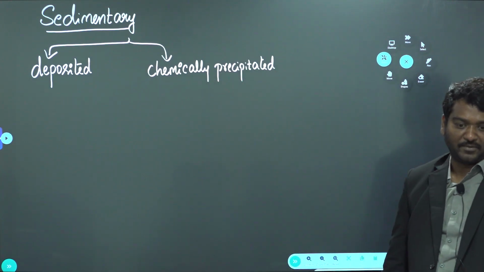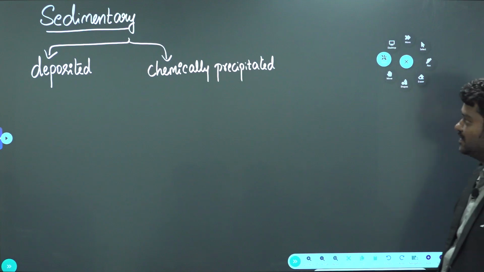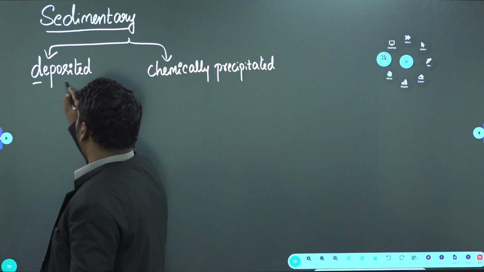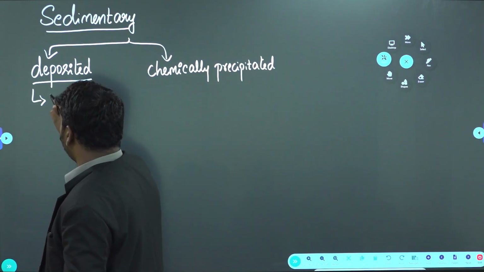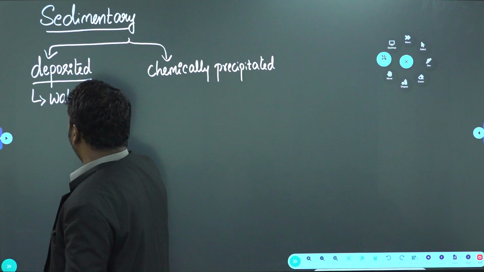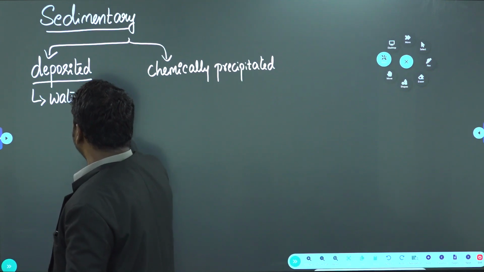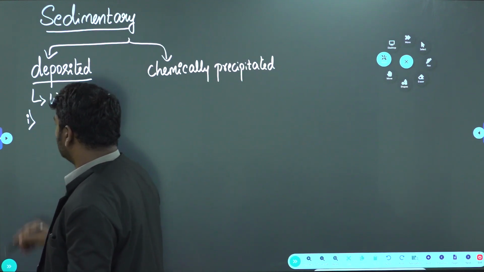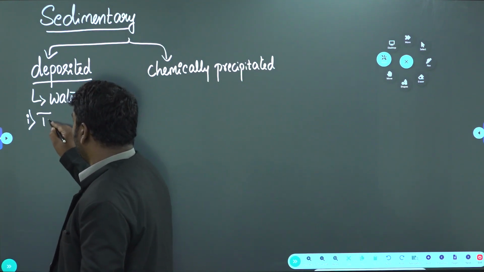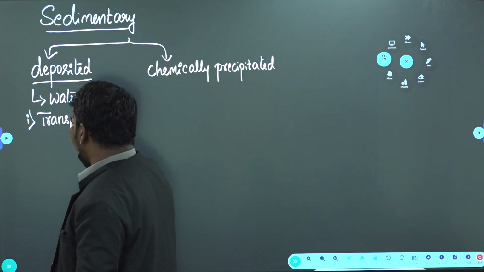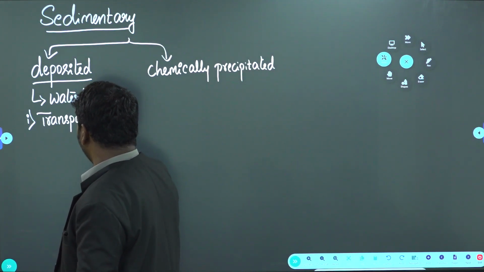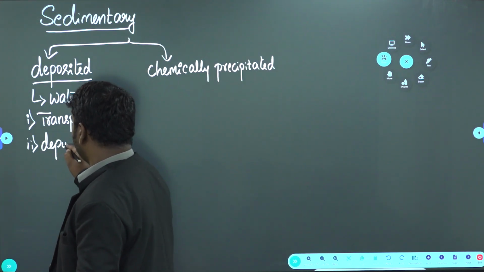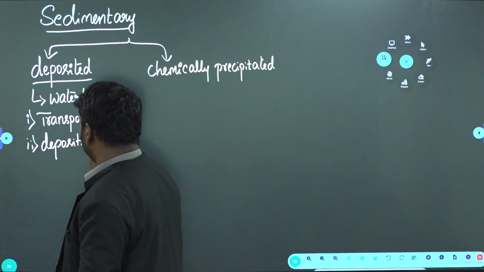Sedimentary rocks can be due to deposition or due to chemically precipitated. Mostly the deposition occurs in water bodies. When the deposition occurs in water bodies, some processes are involved. First, it has to be transported. Second, deposition.